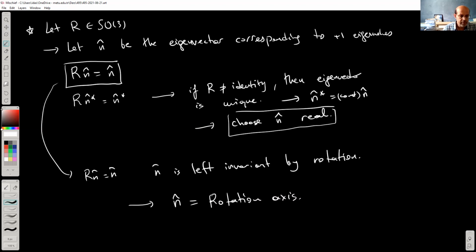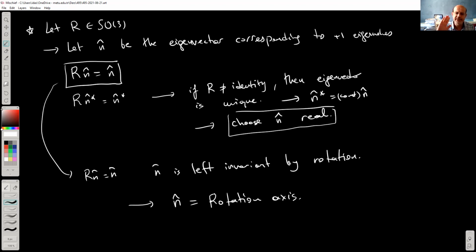Joe, may I ask something? Yes. Can we do this in SO2? For instance, can we choose a real n which is left invariant in SO2? In SO2, the eigenvalues are e to the i theta and e to the minus i theta. There is no plus one eigenvalue. That's correct. In even dimensions, we don't need to have a plus one eigenvalue.